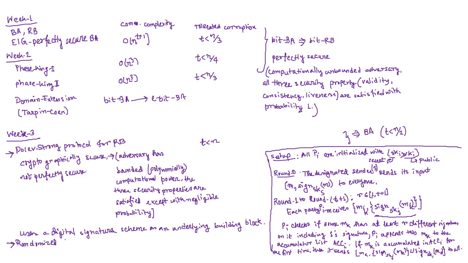Again, we are not in the perfectly secure domain. The EIG protocol, phase king 1 and phase king 2 were all perfectly secure protocols. But the Dole-Armstrong protocol is just cryptographically secure, not perfectly secure. The randomized BA protocol is randomized, so it's not deterministic.